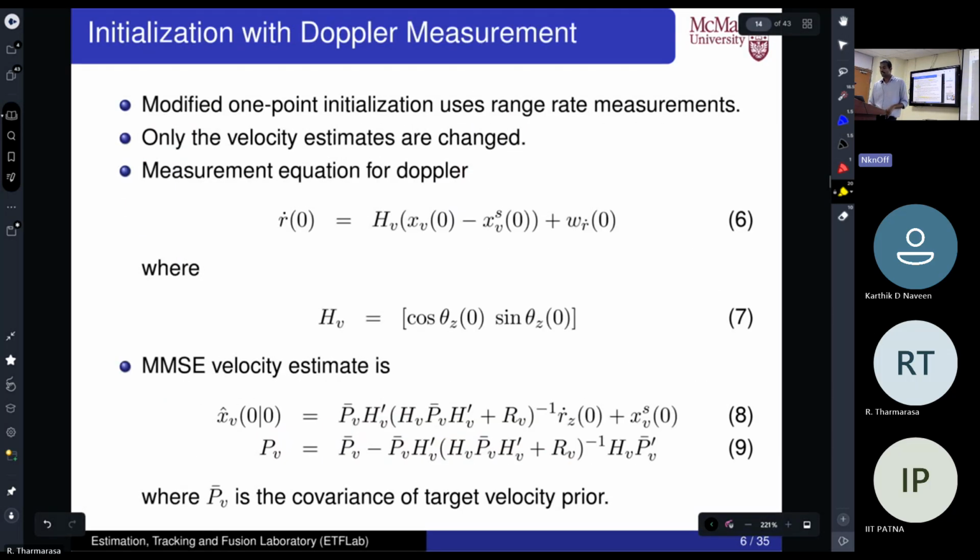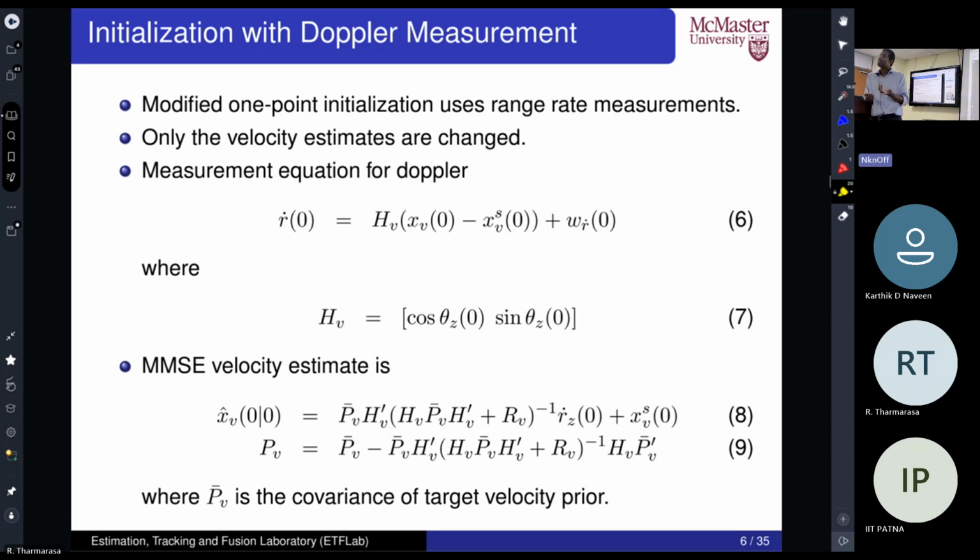Okay, I'm going to skip this because of the time limitation, and we were talking about how to use Doppler, right? So Doppler means range rate. We talked about range rate in the last class yesterday. If you have range rate, that has some information about the velocity, right? But usually, I don't say whatever I'm doing is correct, right?